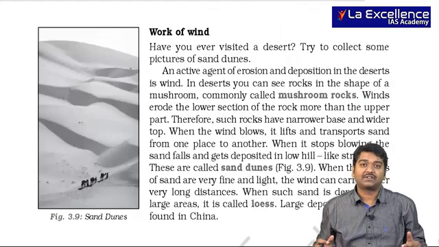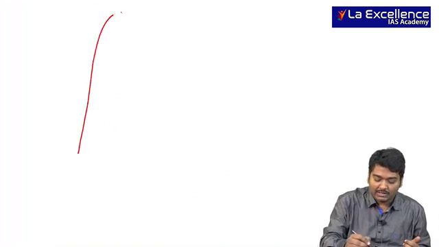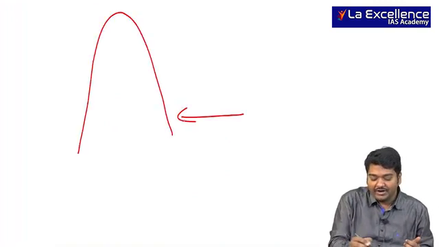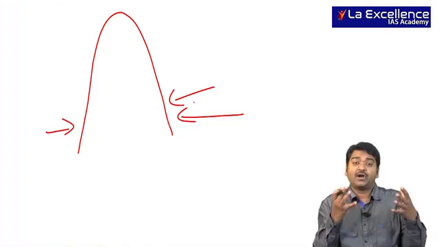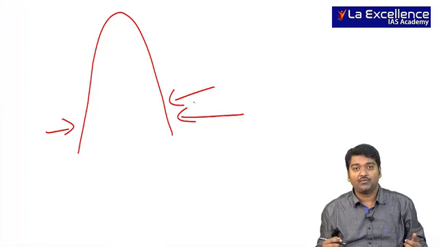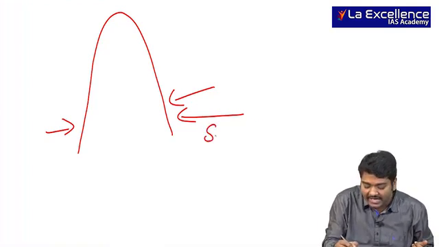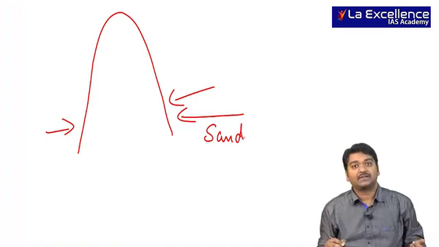Then at last, we have wind action. Let me take a rock like this. Wind from all directions is moving. Wind does not have the property to erode. But usually, whenever wind is blowing, it carries sand particles.